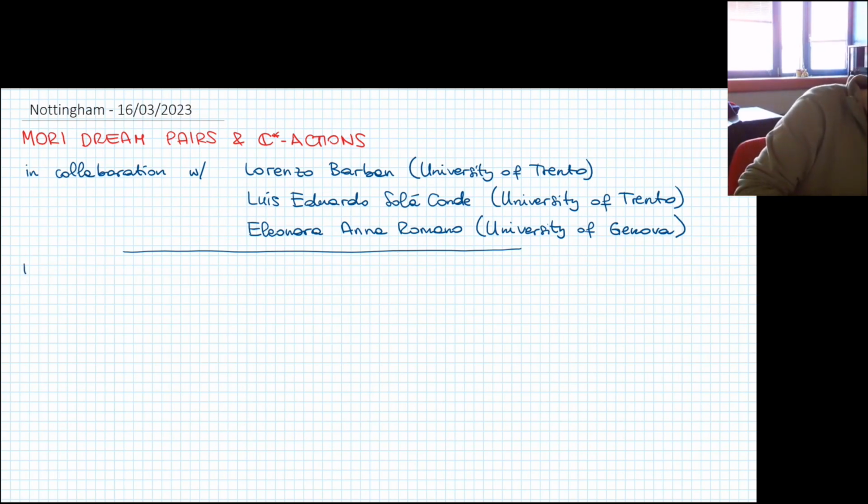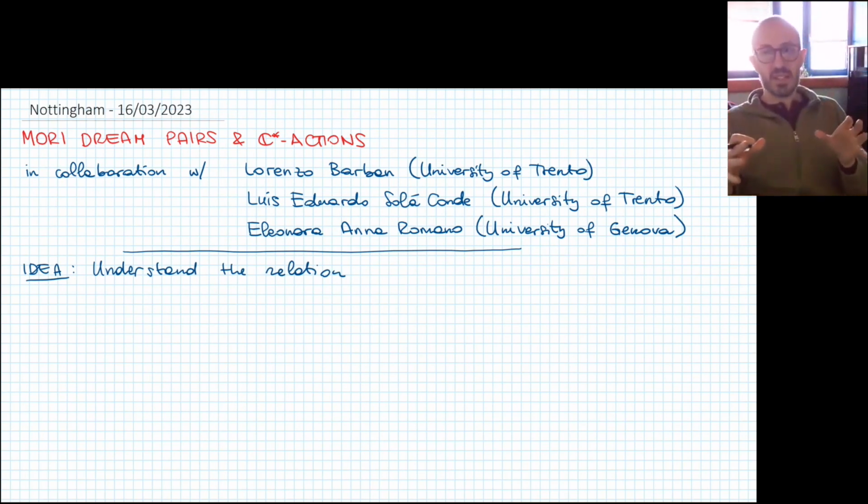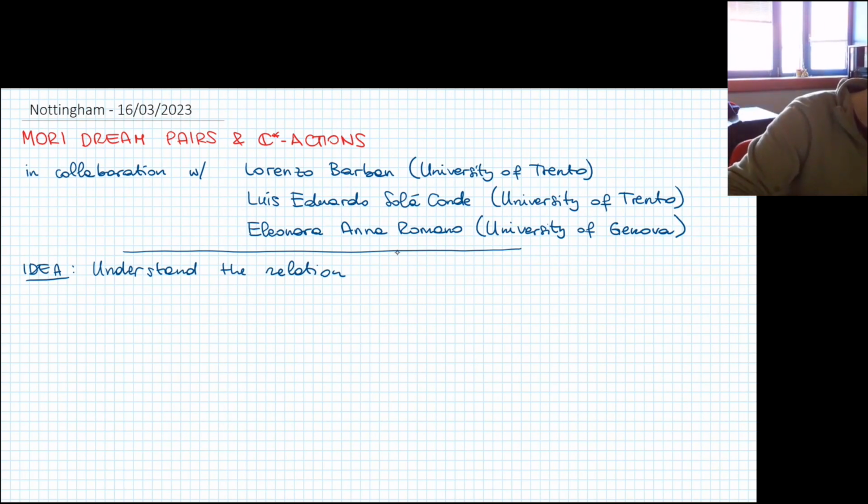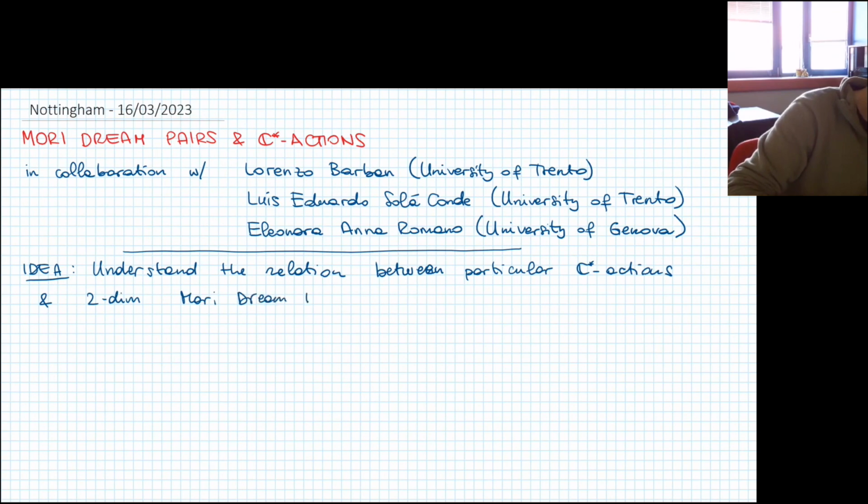So the idea is that of understanding the relation between particular set actions on varieties and some special type of Mori dream regions that are two-dimensional.